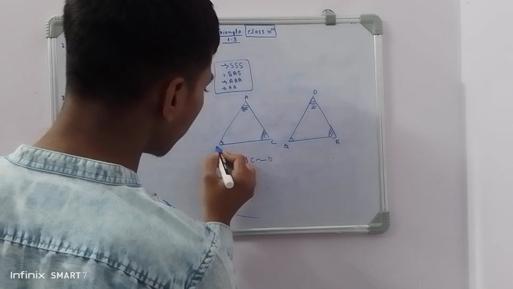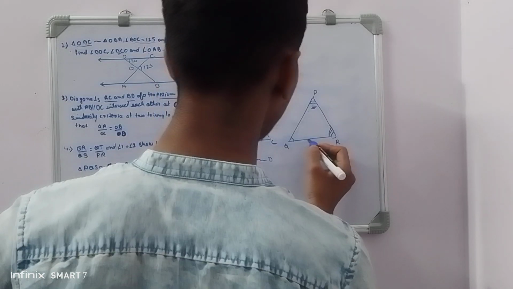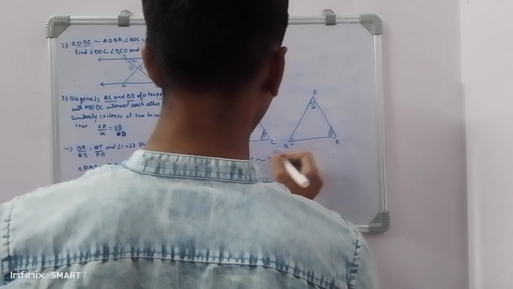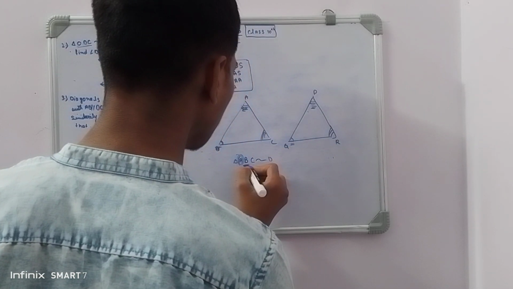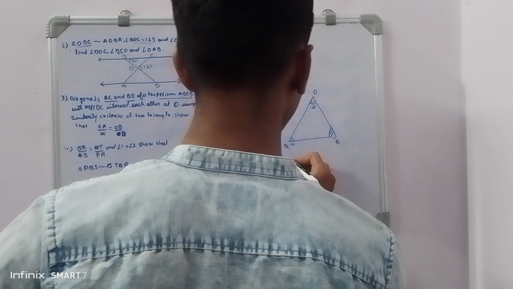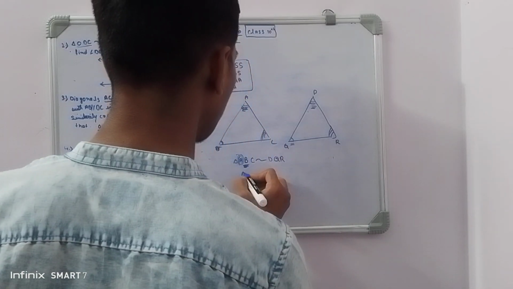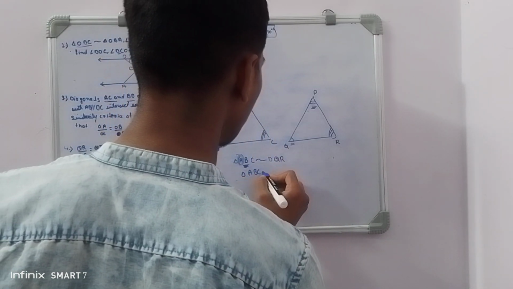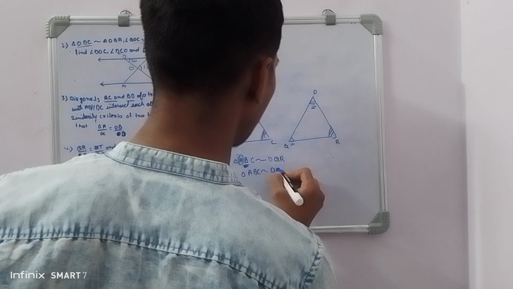And we know that angle B is equal to angle Q, and B is written at the second place, so you have to write Q at the second place, and then R. So like this you will say that triangle ABC is similar to triangle PQR.